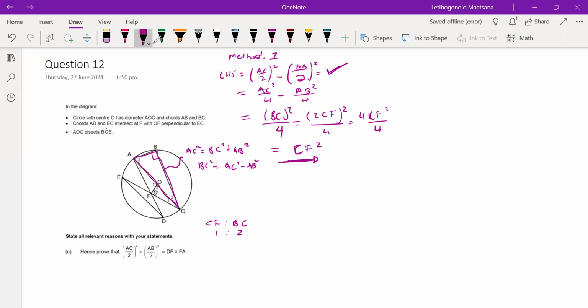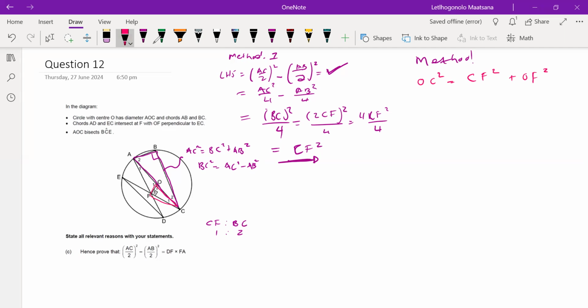Now, when you use method 2, we're proving the same thing. We're going to look at the small triangle, this one over here. We'll start off with Pythagoras theorem that says OC² is equal to CF² plus OF².